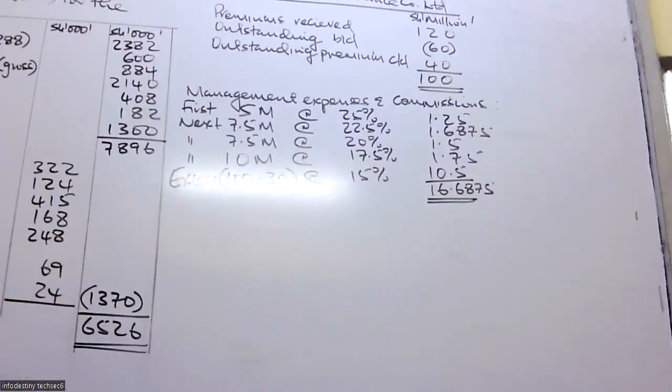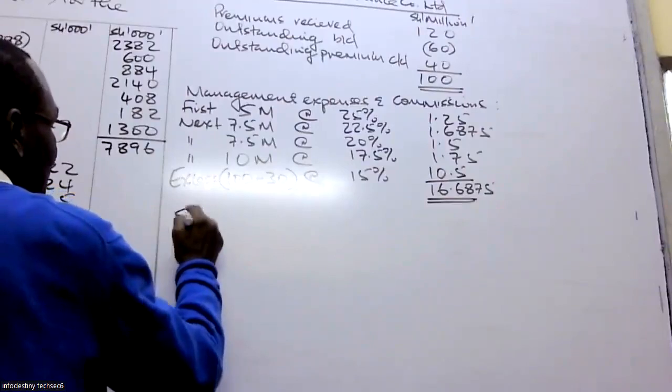So once you've done that preliminary step, the next is just to put your statement of taxable profit.